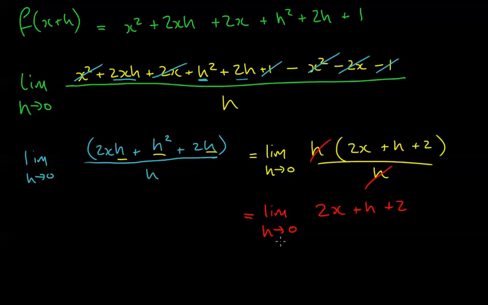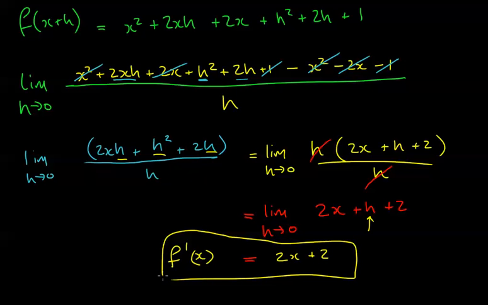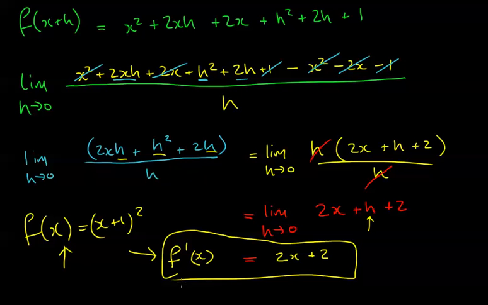If I make h really, really small, practically 0, this h just becomes 0, so all I'm left with is 2x plus 2. So this is my derivative function for f of x equals (x plus 1) squared. If you want to work out the gradient at any point on this graph, just find the x value and put that value into this expression. It tells you how steep the gradient is.